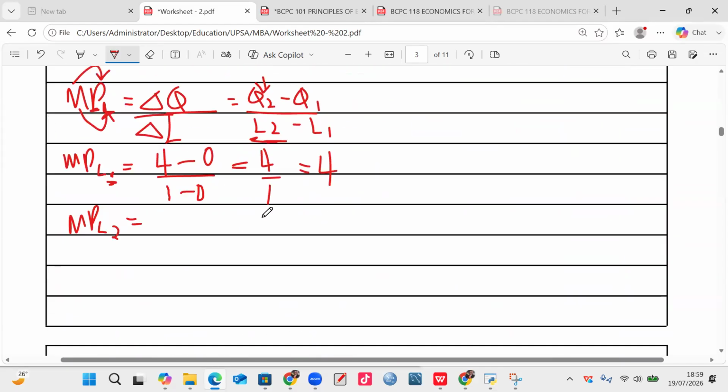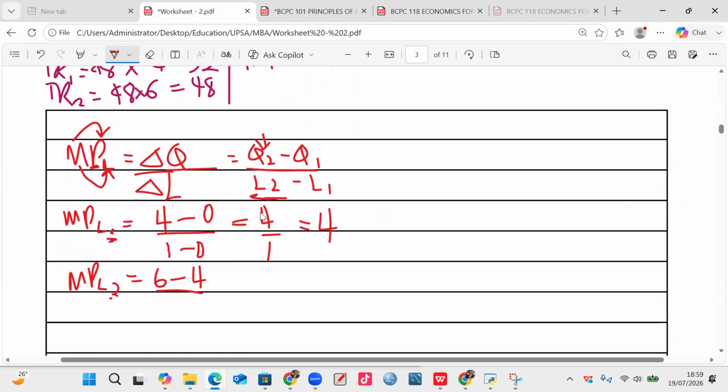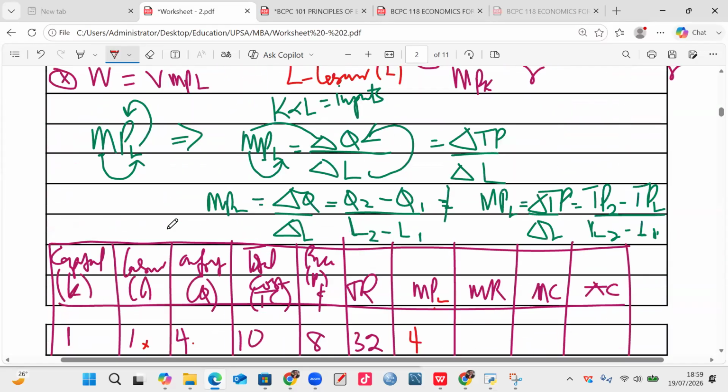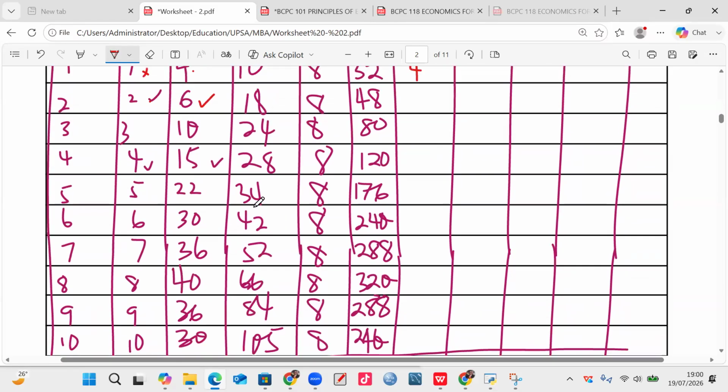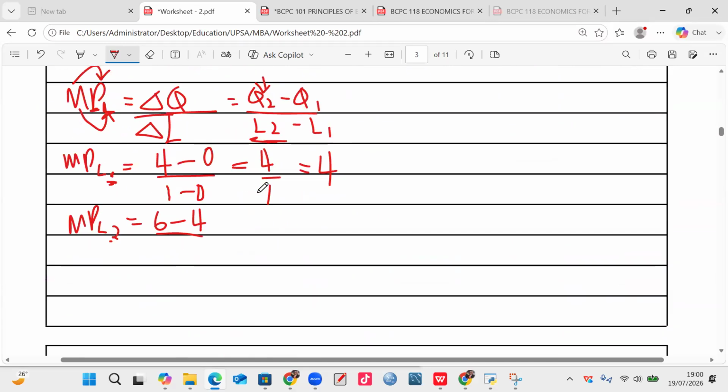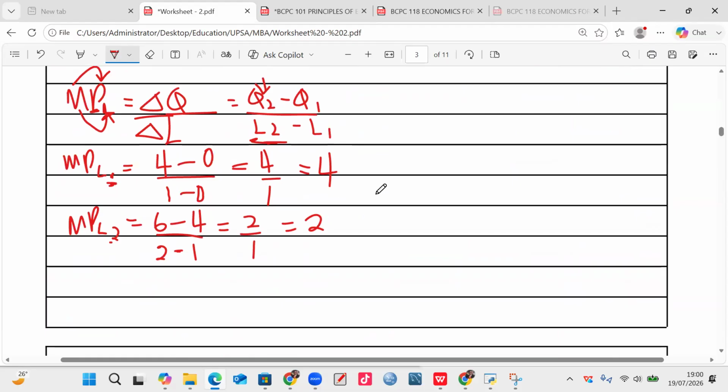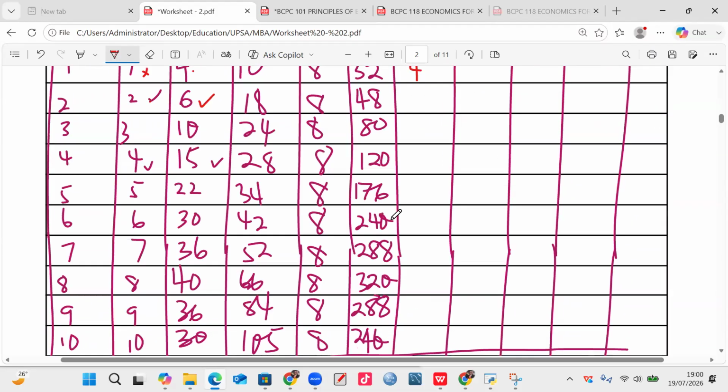What is the current labor unit? It is 2. What is the previous? 1. 2 minus 1. What do we have here? 2 over 1, which will give us 2. Do we get it? Yes, please. So this is 2.